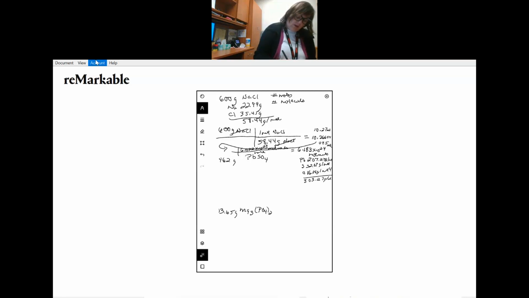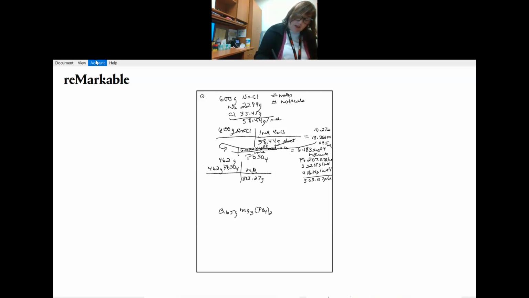I can then take 462 PbSO4. I divide that by the molecular weight that I just found, 303.27 grams per mole. And that's one of those calculations.